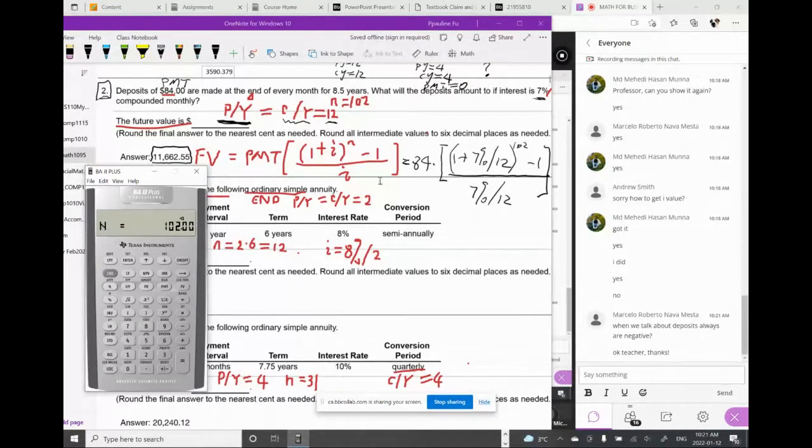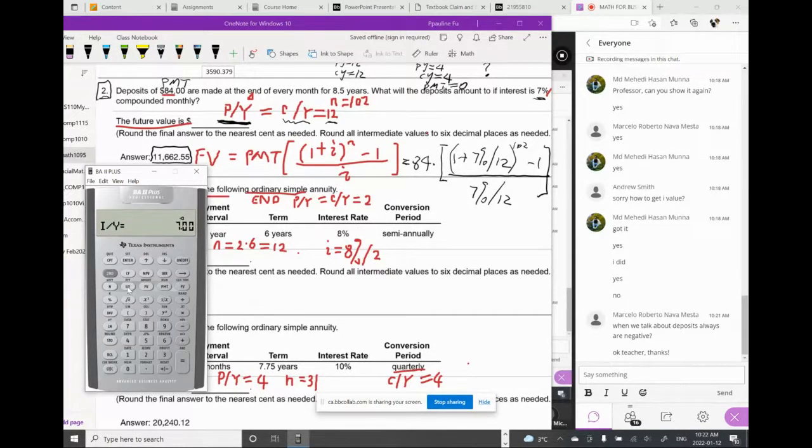Okay. Next, interest is 7% compounded monthly. The beauty of using the calculator is that you just enter the original interest without percentage. So typing 7, IY represents interest. You do not divide by 12.